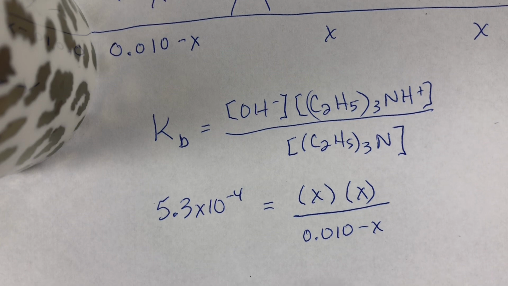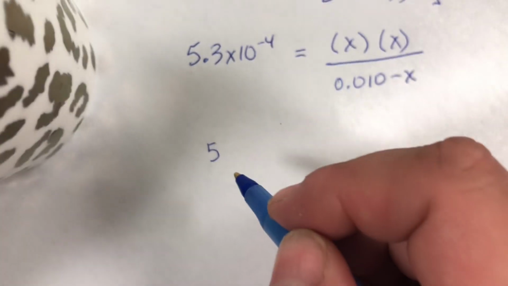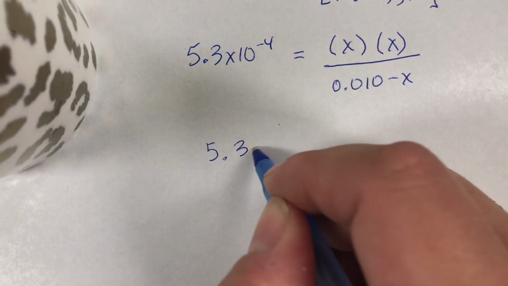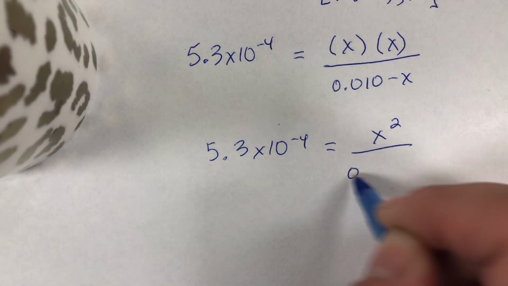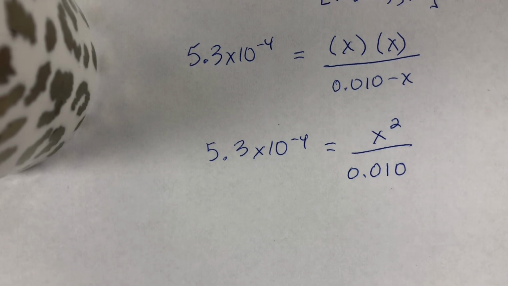And the value of X is going to be so much smaller than this 0.01 that at this point we can do what we call neglect the X. So we can say that this is basically equal to 5.3 times 10 to the -4th equal to X squared over 0.010.